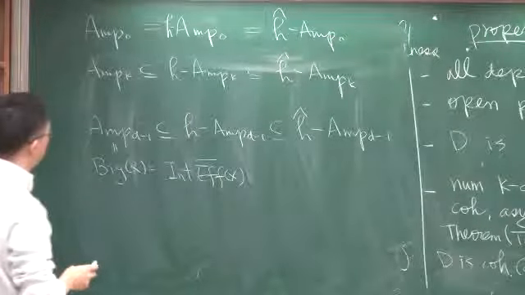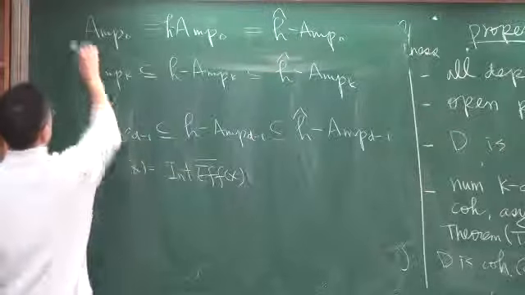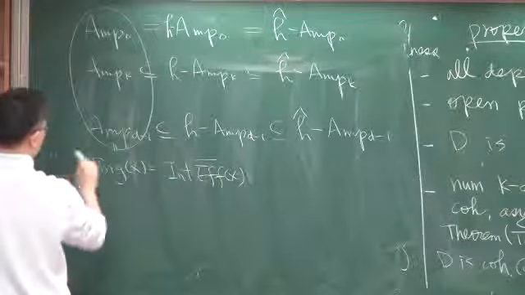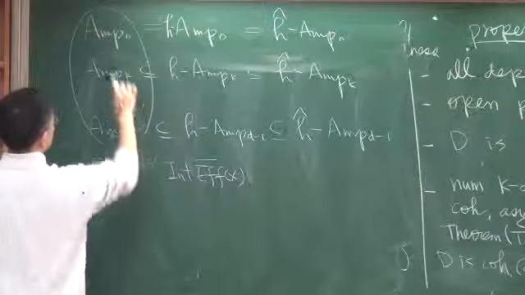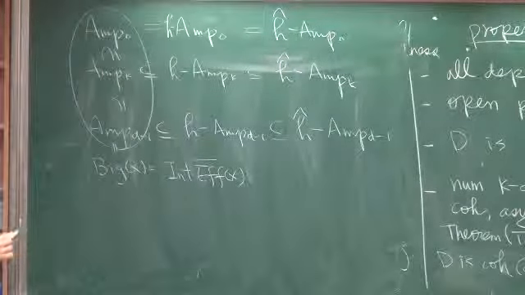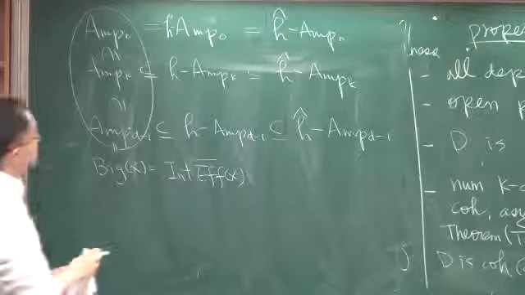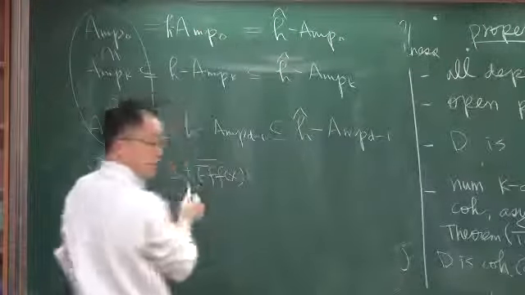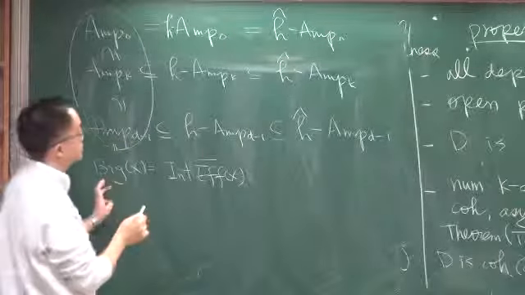So actually, these are subcones of the big cone. Okay? Because these are contained in here. But we don't know if these are contained in the big cone or not. Okay?